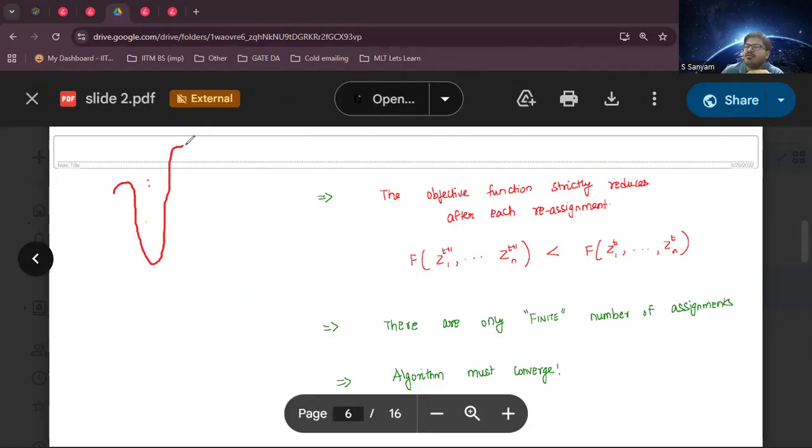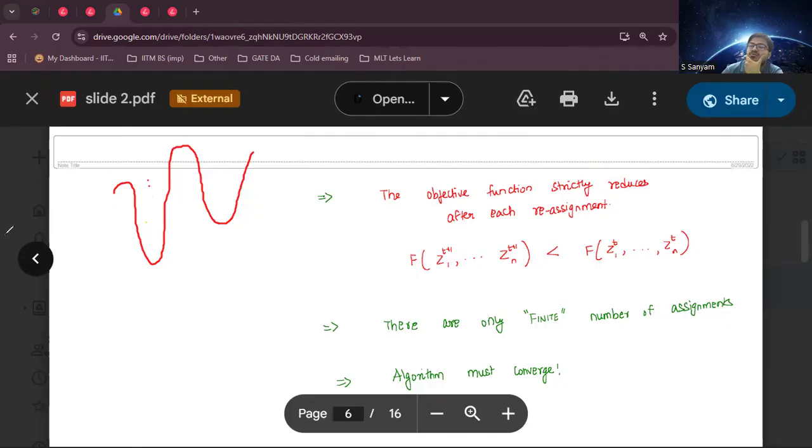This is a graph of the objective function. If we take different reassignments, it will give the values of the objective function for every assignment. And we know that every step has different assignments.